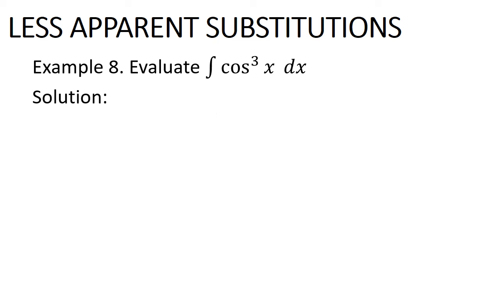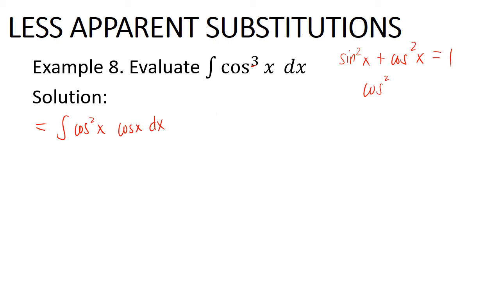Gagawin natin, equal yan sa cosine squared x, cosine x. Pares lang yan. Dalawa, isa, tatlo. Pero di ba hindi pwedeng mag-let ng u equals cosine x? Di ba meron tayong trigonometric identity na ang square ng sine plus yung square ng cosine equal yan sa 1.